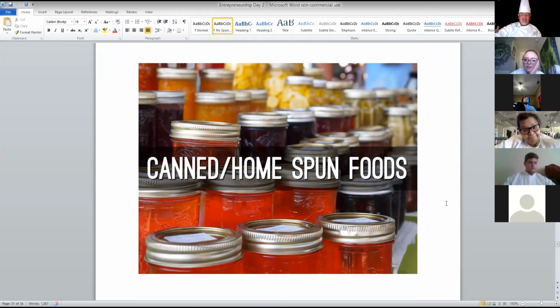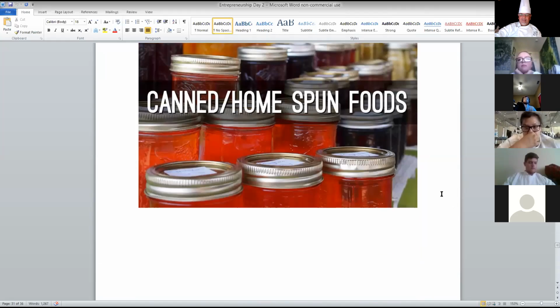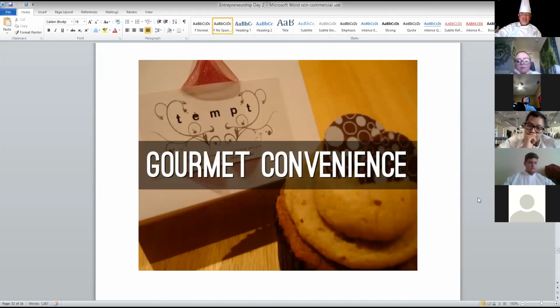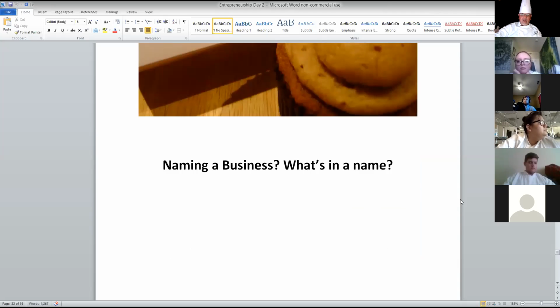You have to sterilize the jars. You have to make sure that you have a HACCP plan for the health department to make sure that you can sell that product. Okay. What about gourmet convenience? Ganache, truffles, right?